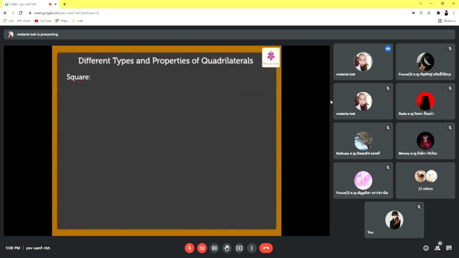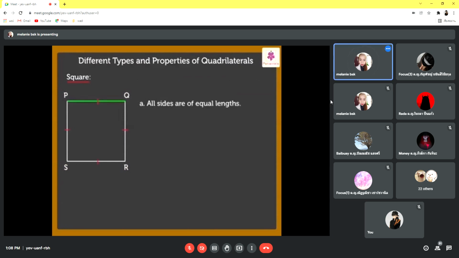Firstly, a square. In square PQRS, A. All sides are of equal lengths. That is, PQ is equal to QR is equal to RS is equal to PS. B. All angles are right angles.